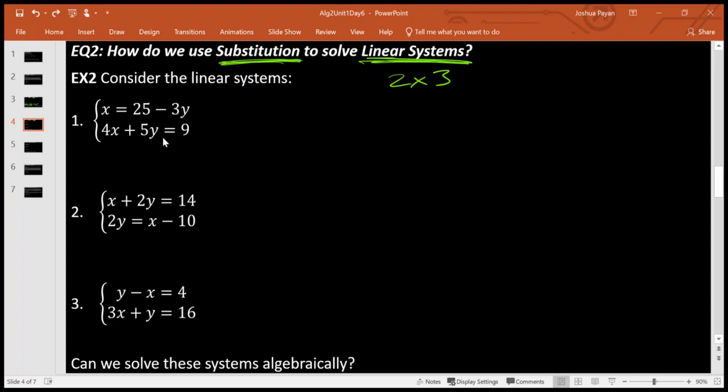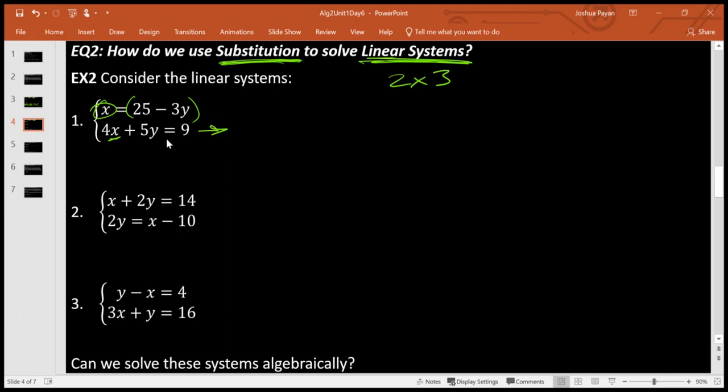So it's called substitution. So always take the path of least resistance when you've got these. So here we're being told that x is equal to 25 minus 3 times whatever y is, right? And we can actually take this and say that this is actually literally x. I can plug it in here for this exact same x in the other equation, right?